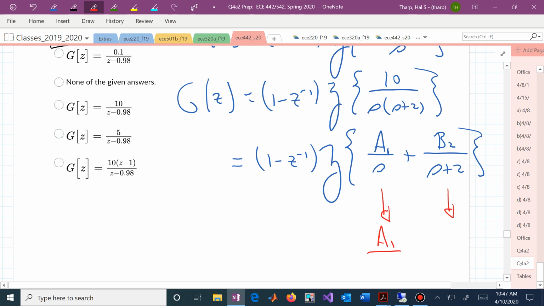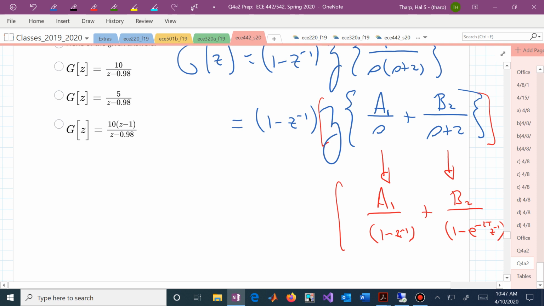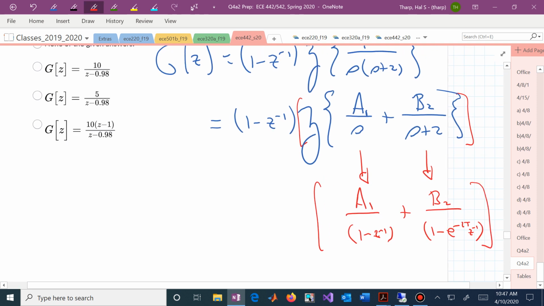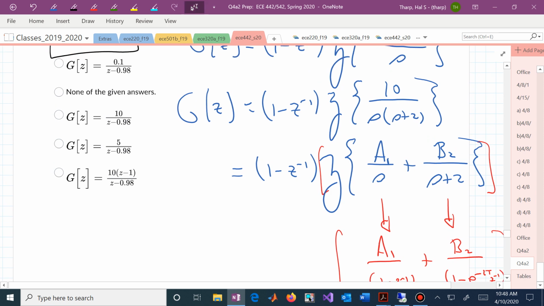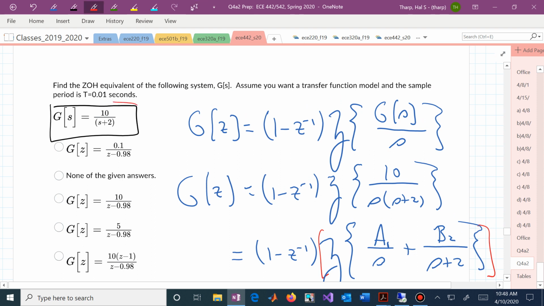A1 over 1 minus z to the minus 1, and this is B2 over 1 minus e to the minus 2T z to the minus 1, something like that. That's what's in here. And if you now distribute that factor 1 minus z to the minus 1 through, you should be able to clean it up and do the algebra to find the G of z, the zero-order hold equivalent of this original transfer function G of s.